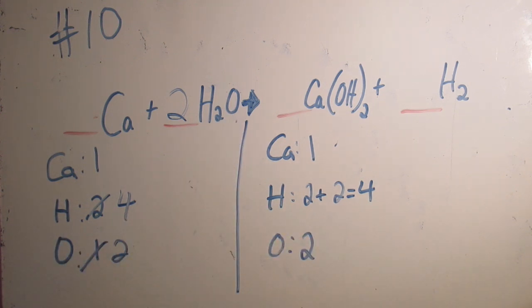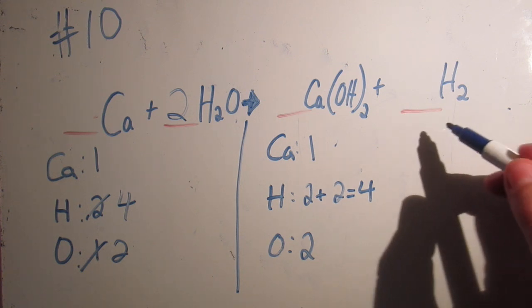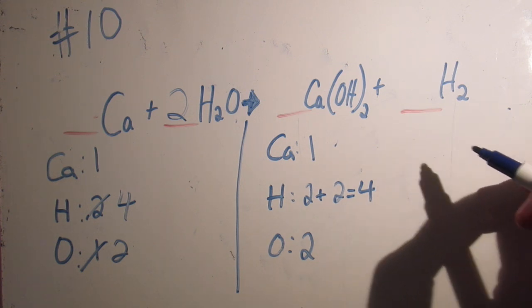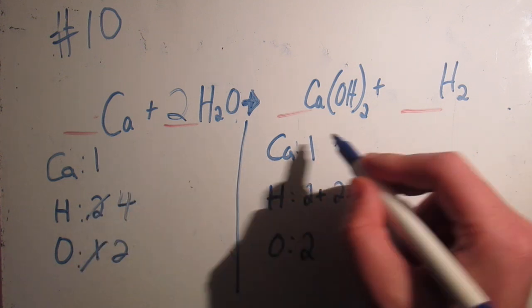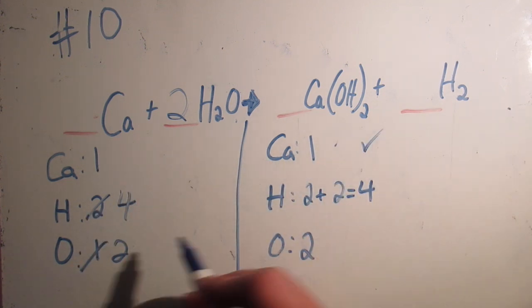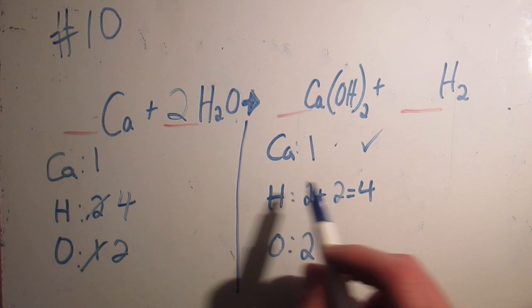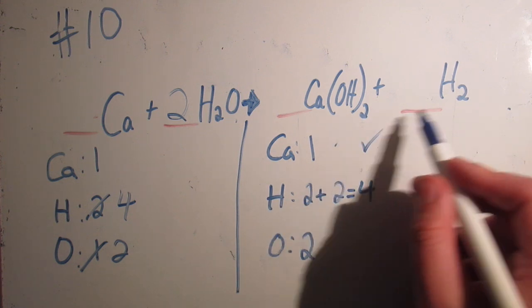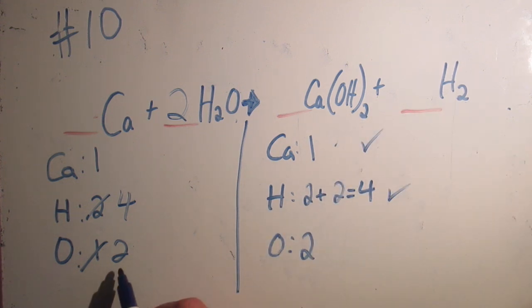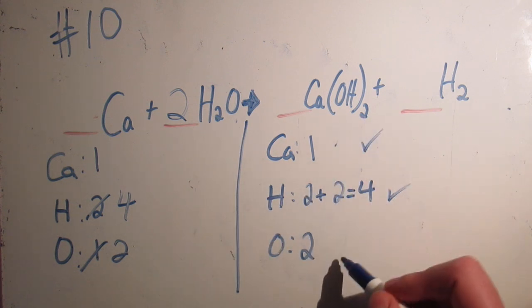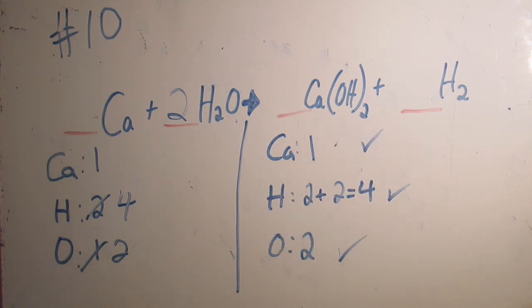That's 2. And wow, that was pretty simple actually. Looks like I started with the lucky one. So we've got 1 calcium, good. 4 hydrogen, yep. 4 hydrogen, 2 plus 2, yep. 2 oxygen, yep. 2 oxygen, yep. Okay, that's balanced already, nicely done.